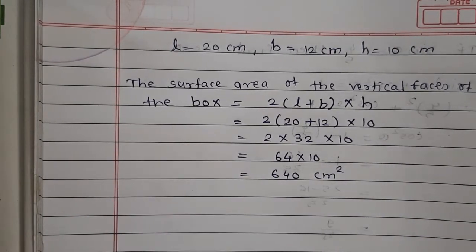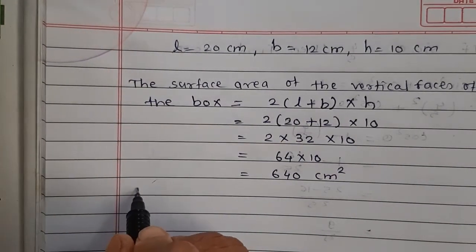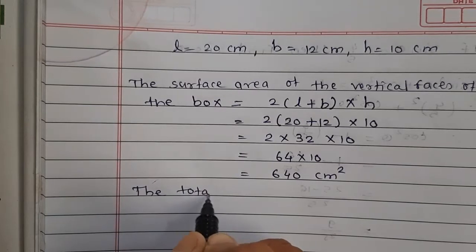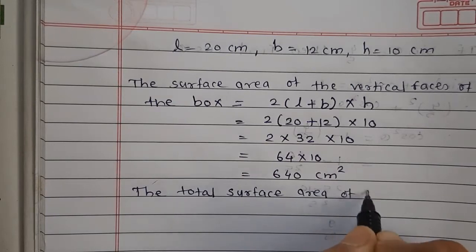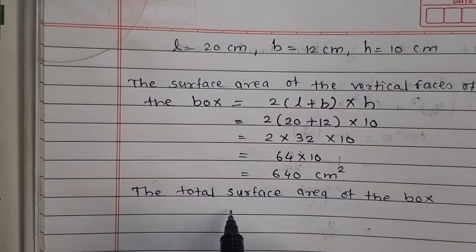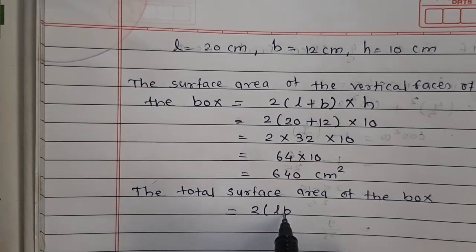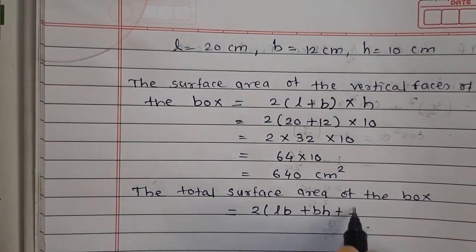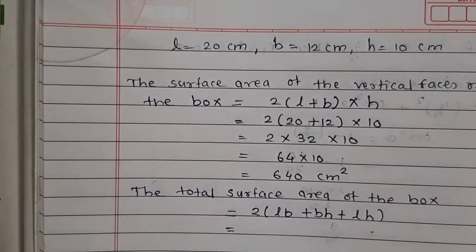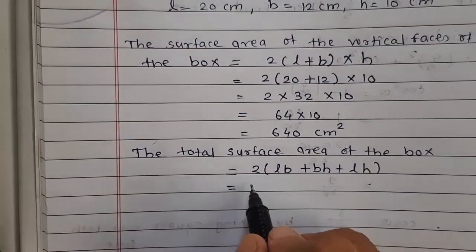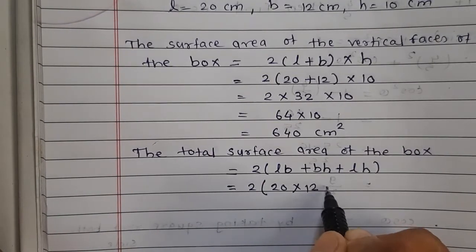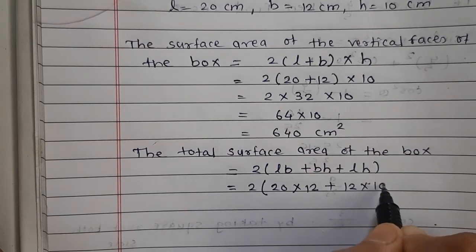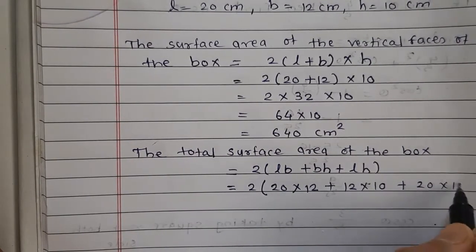Understood everyone? Now one more question is asked over there. We have to find the total surface area. So here the next formula is the total surface area of the box equals 2 in bracket L into B plus B into H plus L into H. Now again substitute the values. 2, length 20 into breadth 12 plus 12 into height 10 plus 20 into height 10.